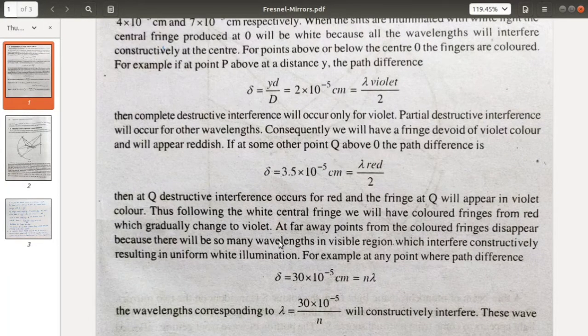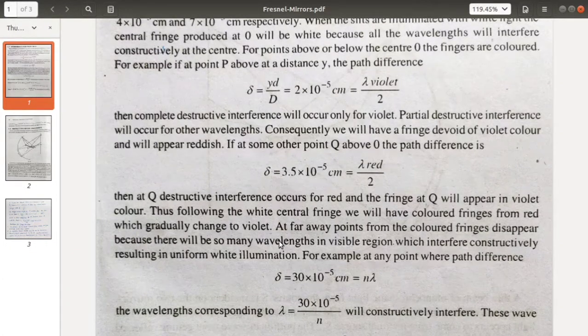If the path difference is, the condition for constructive interference is 2n plus 1 lambda by 2.